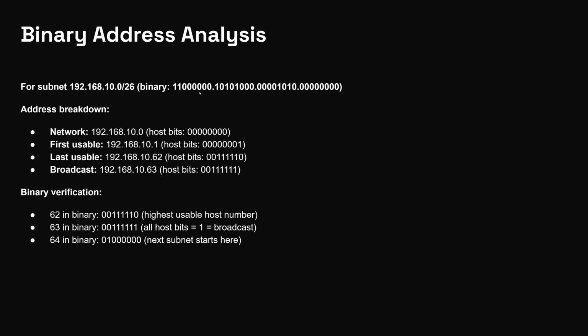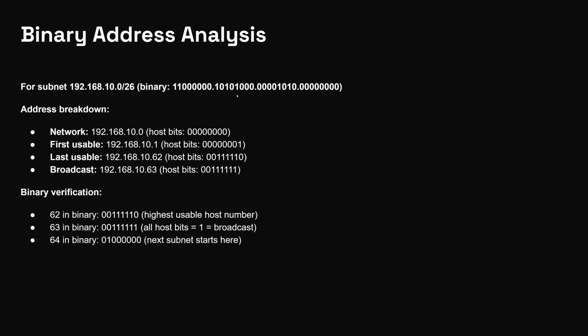Followed by the next octet, which is 10101000. So what does that mean? The 128 bit is on, the 64 bit is off. So I skip on to the next, which is 32. So it's 128 plus 32. The following bit, which is 0, would be 16, so it's off. Then you get the 1, which is the 8, that's on.